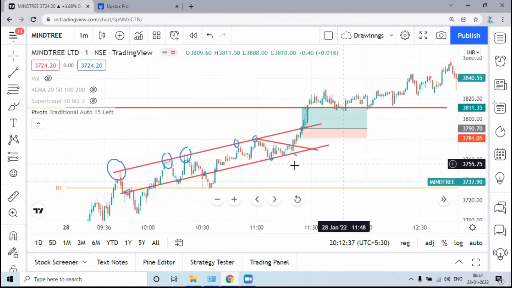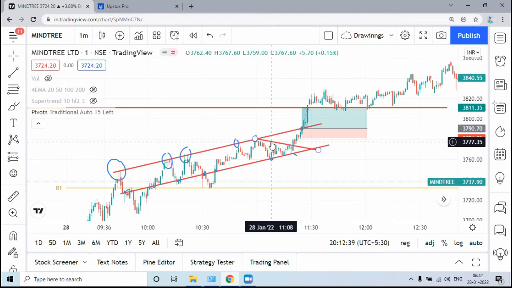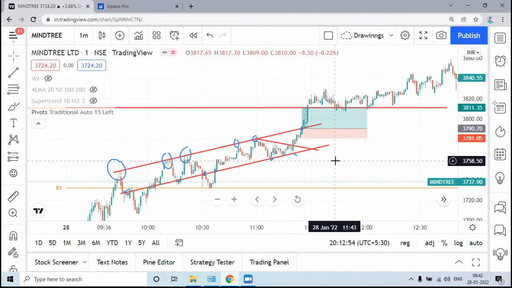For further confirmation, we can use this trend line, and here also we can see multiple touches. This also means we can confirm the up movement. So I hope this is a better trade for everyone.